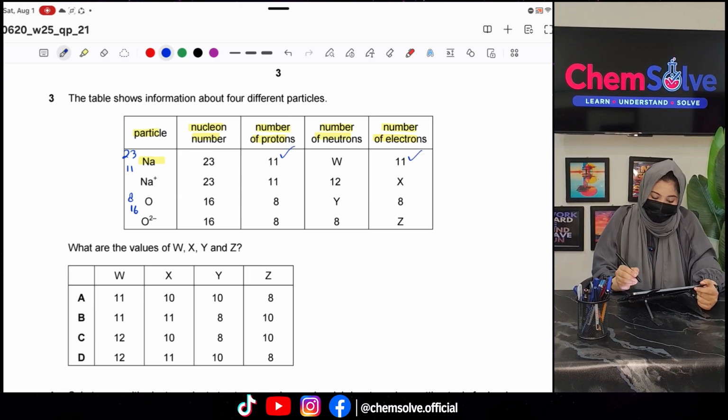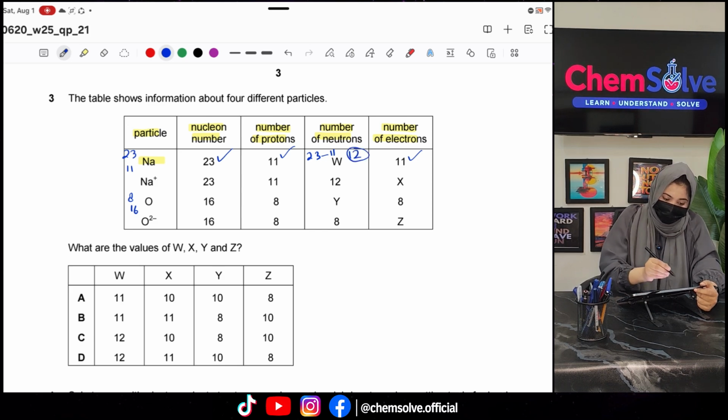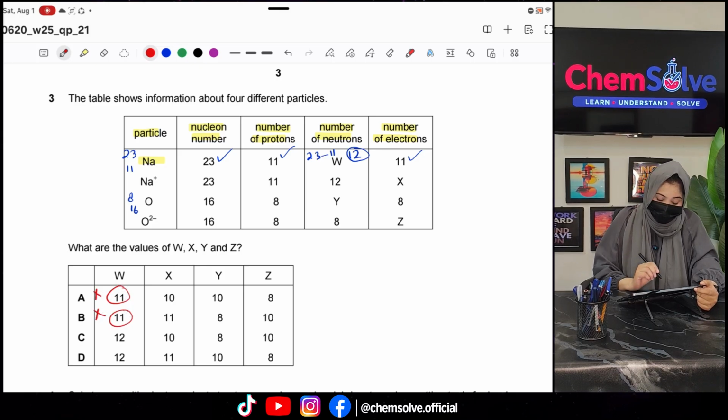It has 11 electrons because there is no charge. Nucleon number is 23 and neutron number would be 23 minus 11, so it would be 12. It should be 12. Okay. Options A and B say it is 11, so this is wrong. We should choose either C or D.